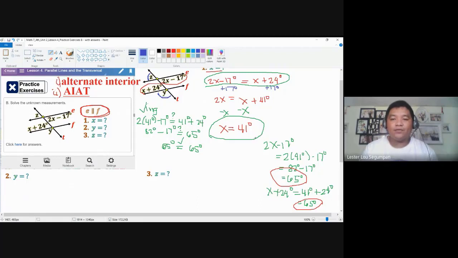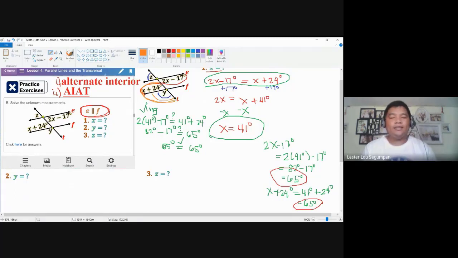Since we already have solved here the value for x, we could use any angle having the variable x and relate it with angle y and look at their relationships. I'm talking about this angle y here and the angle having the measurement of x plus 24 degrees.